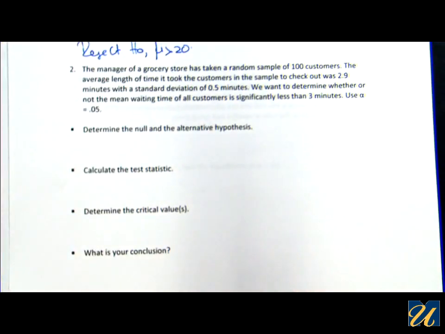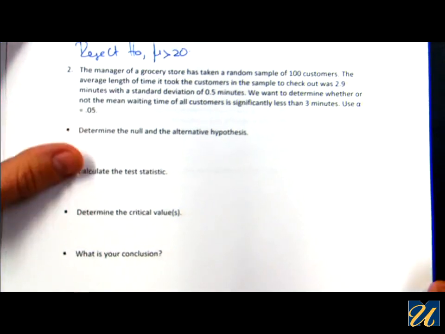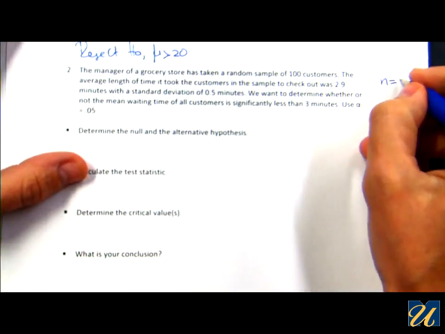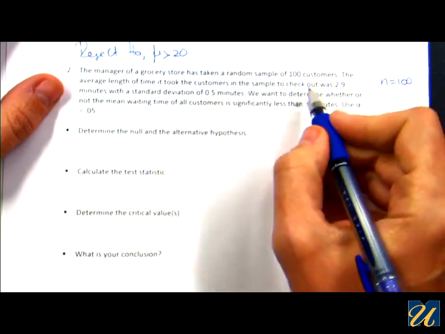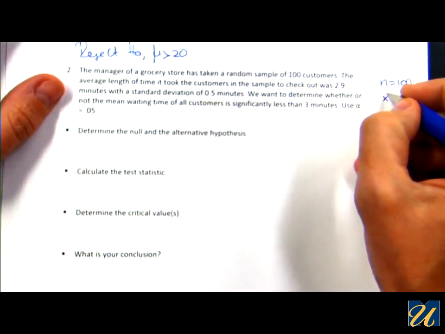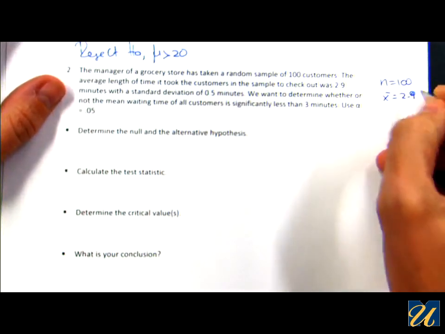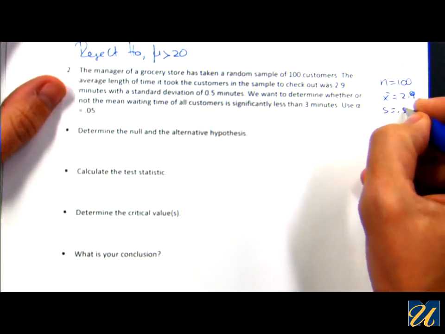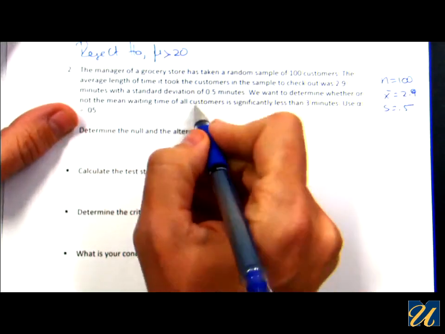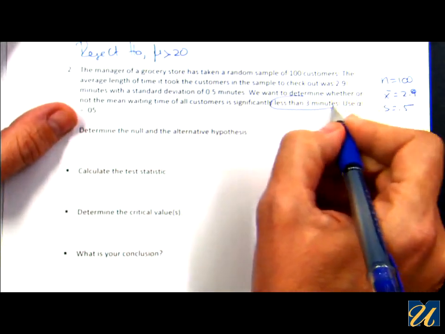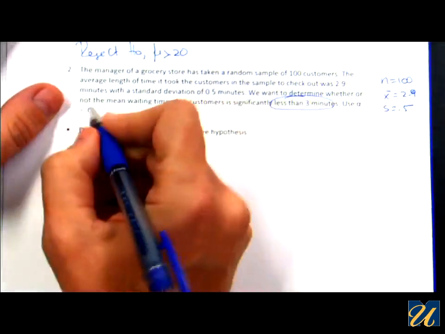For the second problem, the manager of a grocery store has taken a random sample of 100 customers. The average length of time it took the customers in the sample to check out was 2.9, standard deviation of 0.5. We want to determine whether or not the mean waiting time of all customers is significantly less than 3, and alpha is equal to 0.5.